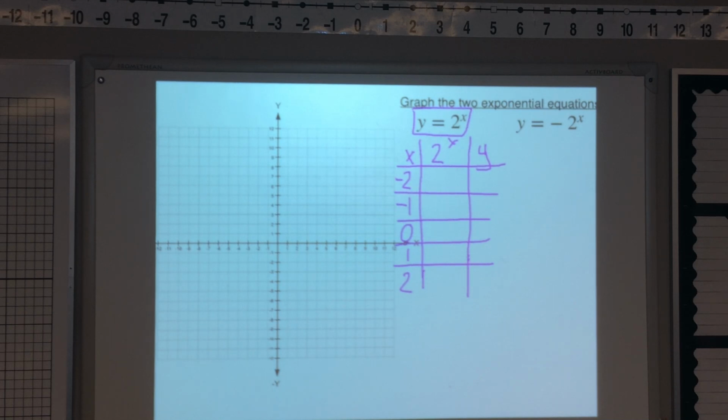So when I substitute, 2 to the -2 power. Remember, a negative exponent means we flip that around, which means I have 1/2 to the second power, which is 1/4.